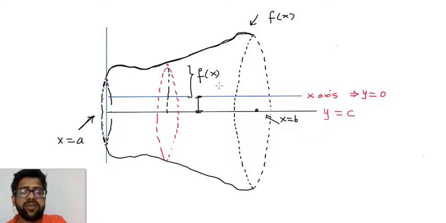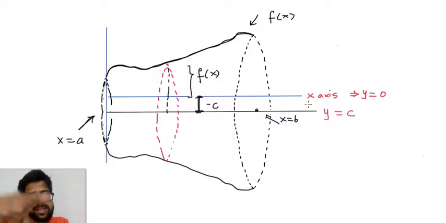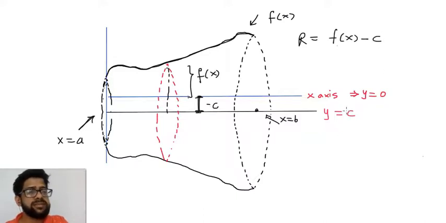This distance is f of x, and this distance in the downward direction is basically minus c. Remember, c is negative because this line is below the x-axis. So if we subtract a negative quantity from f of x, it will be a positive sum. So the radius r can be given as f of x minus c, because c is negative.